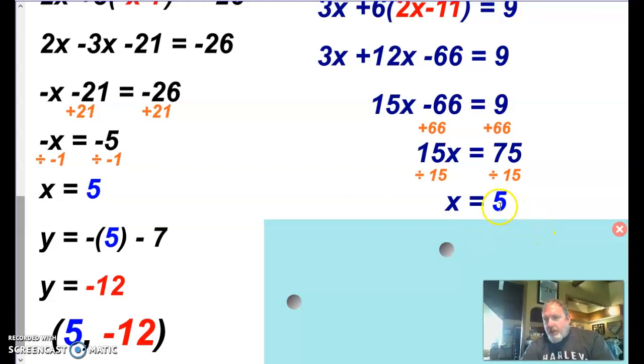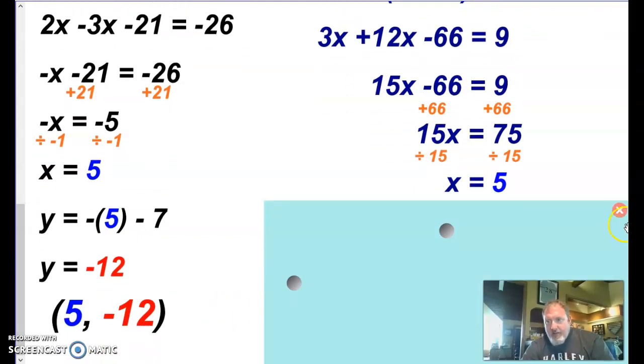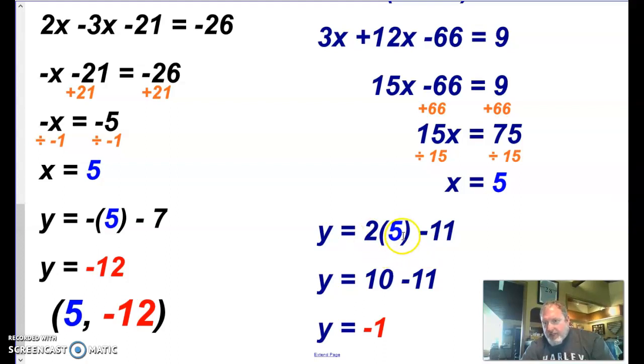Again, we're almost done at this point. We know x equals 5. We now have to plug that back into this equation, that y equals 2x minus 11. So we'll replace the x, and we get 2 times 5 minus 11, 10 minus 11 being -1.